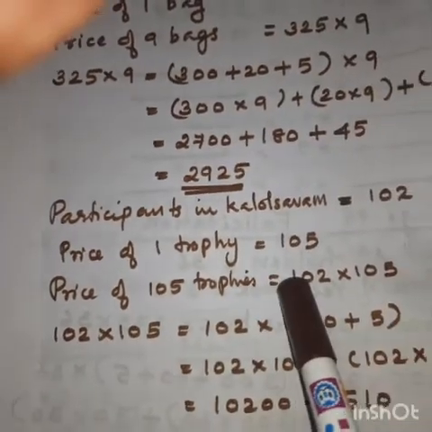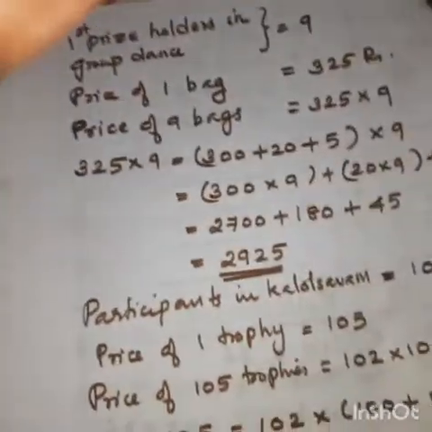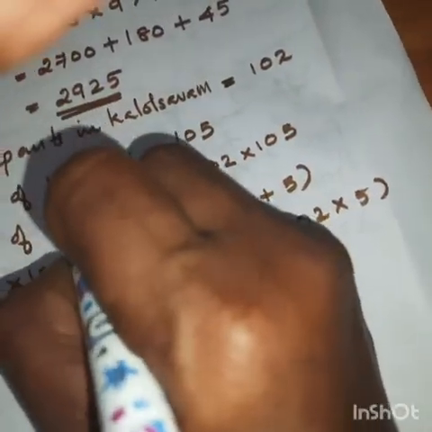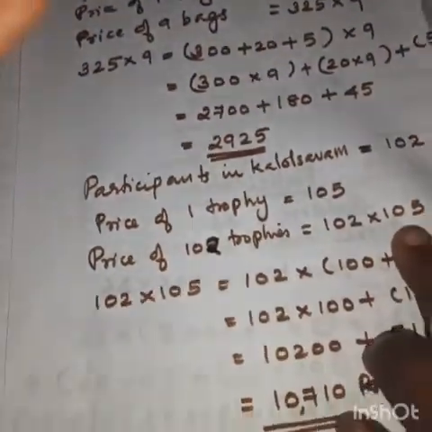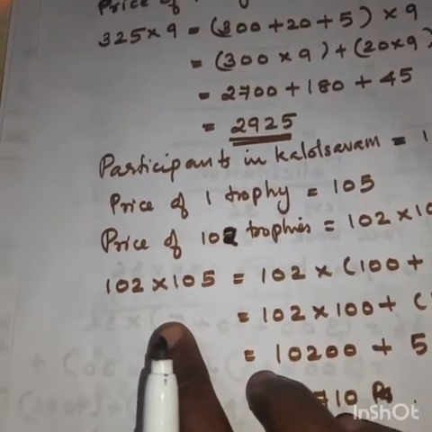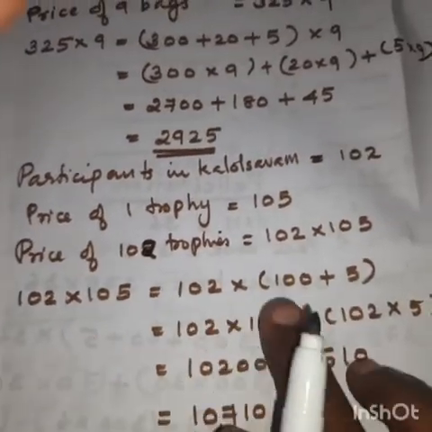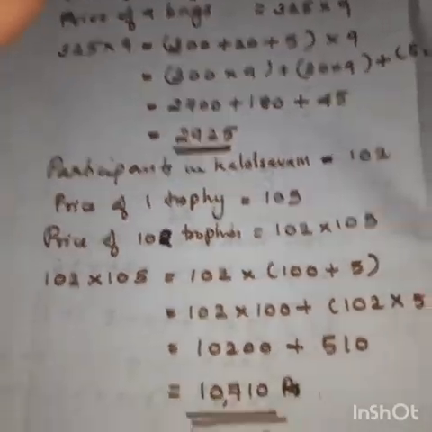So price of 102 trophies is equal to 102 into 105, that is split 102 as 100 plus 2 and 105 is equal to 100 plus 5.